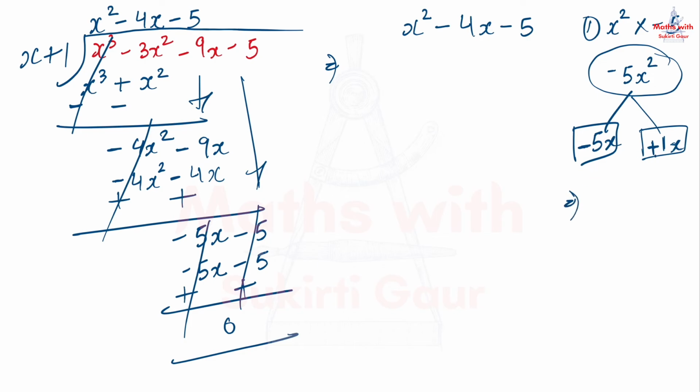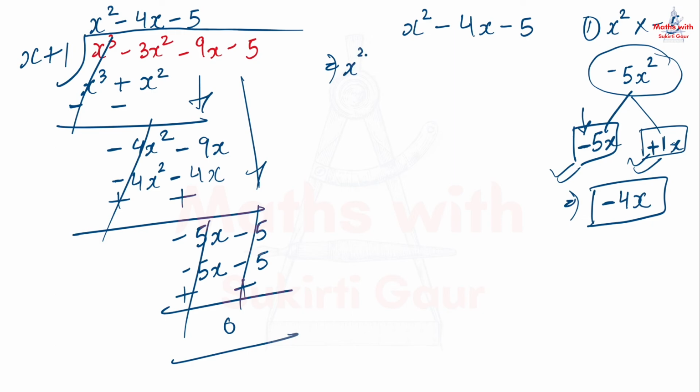Why? Because that's how we will be getting minus 5x plus 1x will give us minus 4x, and I have placed negative sign with the greater number such that I can get the negative sign in the result. So here we are done with finding out those two numbers.